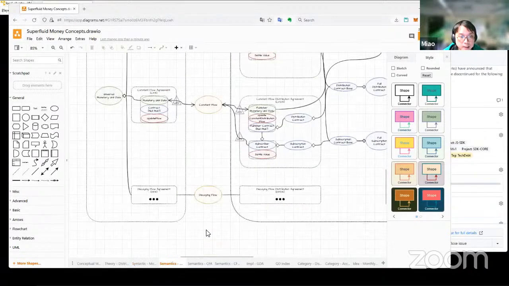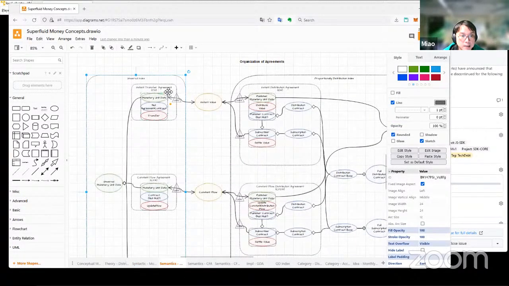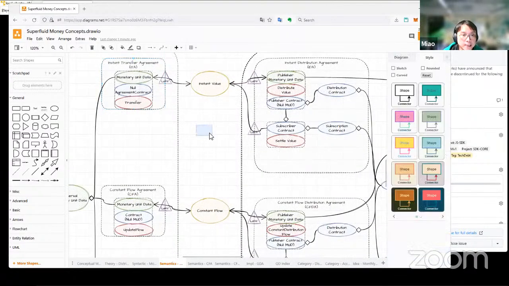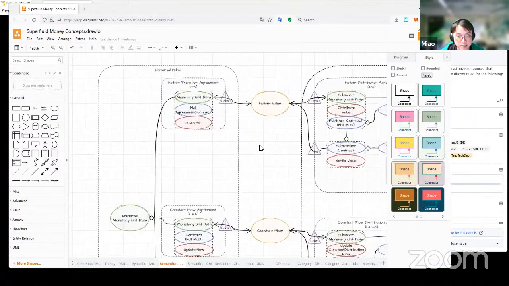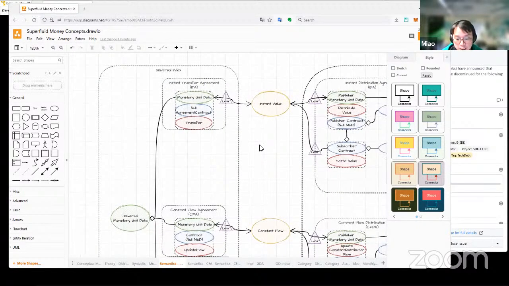From a spec perspective, something called universal index is the one that makes CFA and ITA, which is an exotic concept, never need to be implemented in the EVM case, because in EVM our ITA is handled by the ERC20 interface, so it's not unified under the agreement framework.